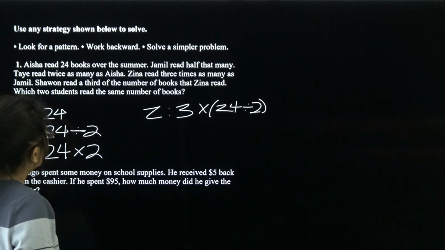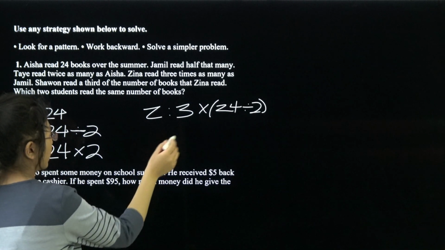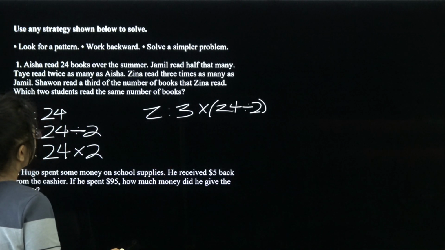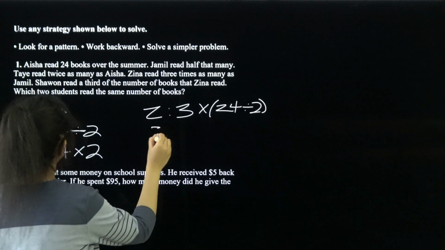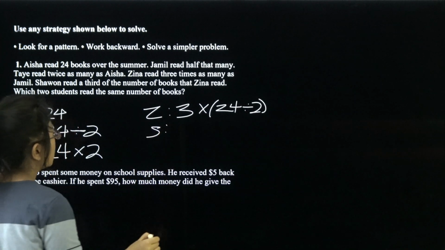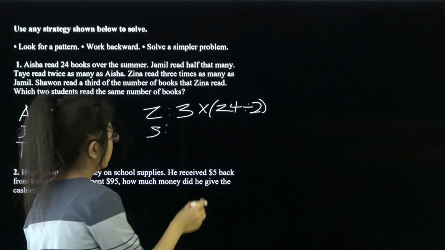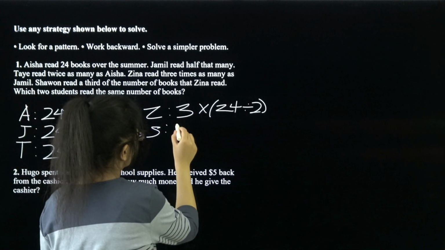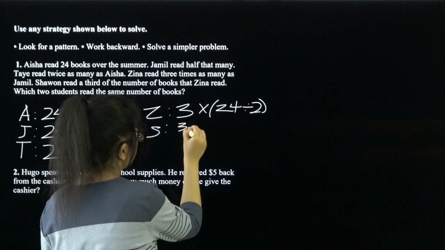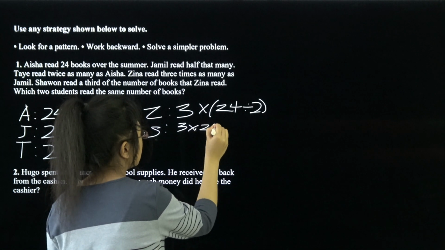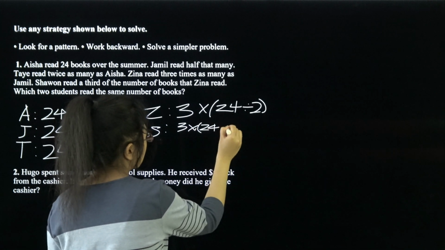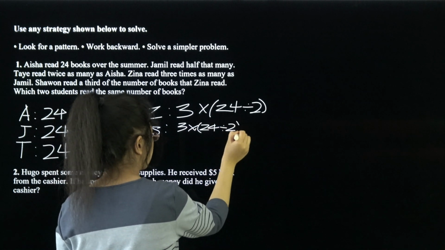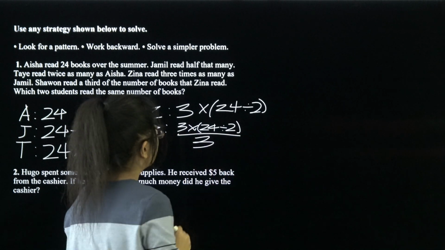Shawun read 1/3 of the number of books that Zina read. So Shawun read 3 times, divided by 2 over 3.